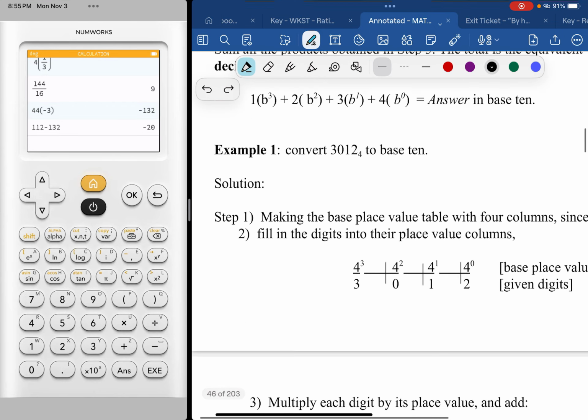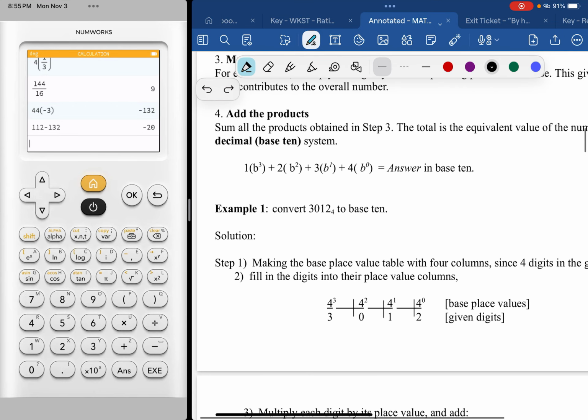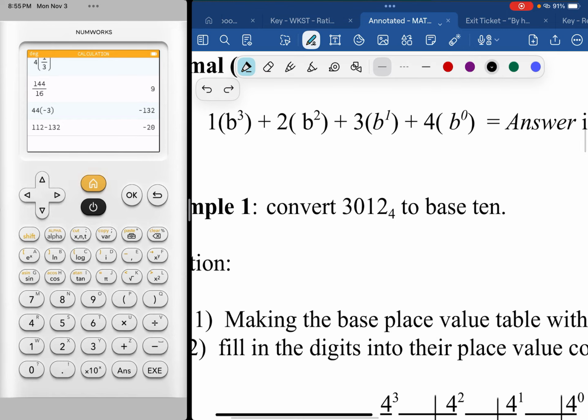So what we're doing here is we're lining up our place values: 4 to the 0th, 4 to the 1st, 4 to the 2nd, and 4 to the 3rd. All right. And each one of those corresponds with a number.